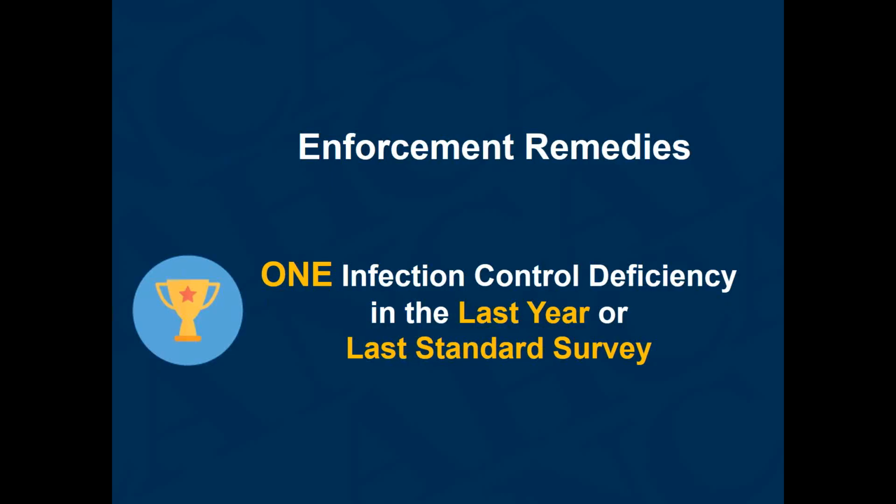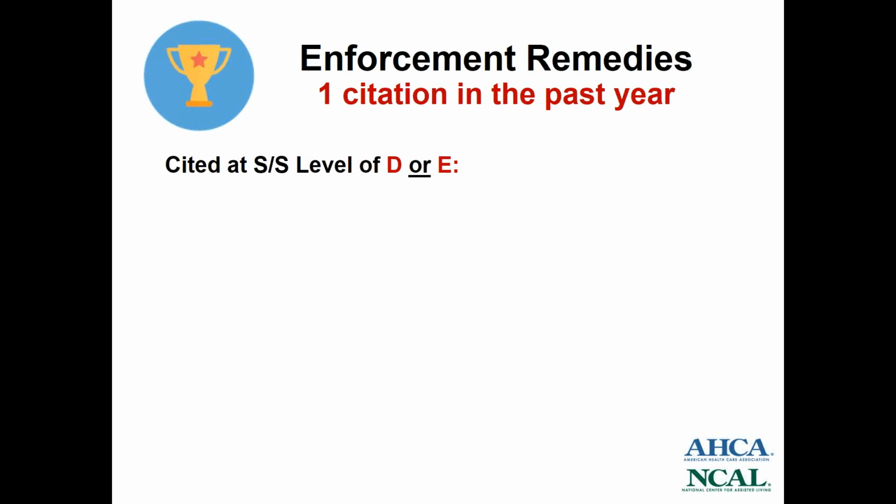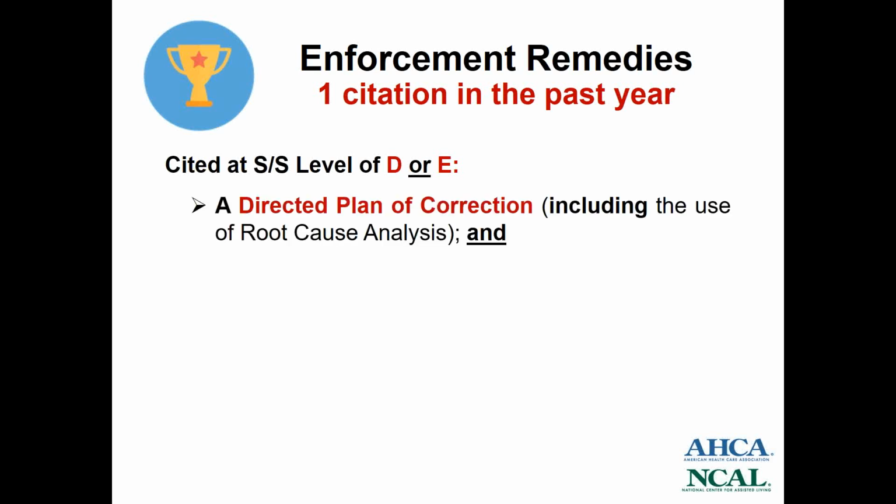Now we're going to take it on to what happens if you've had one infection control deficiency in the last year or on your last standard survey. We know some of you have gone way more than a year. So looking at your last standard, if you're cited at a D or an E level, then what you're going to be seeing with this is your directed plan of correction and that discretionary DPNA that can be attached to it.